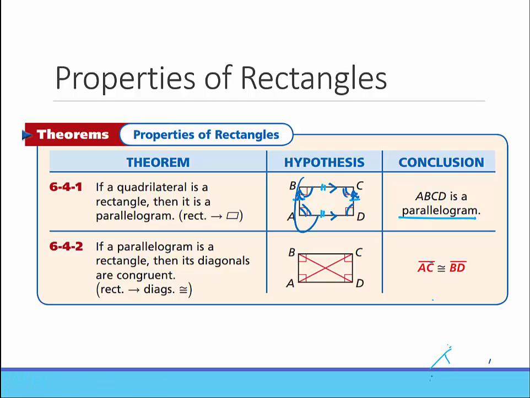And then the same side supplementary angles, but again, they're all 90 degrees, so we know that's true. So the 2 big things are that you have opposite sides parallel and congruent. And then our other property is that if a parallelogram is a rectangle, then its diagonals are congruent. So AC is the same length as BD.